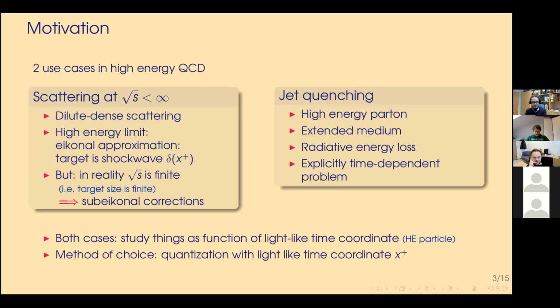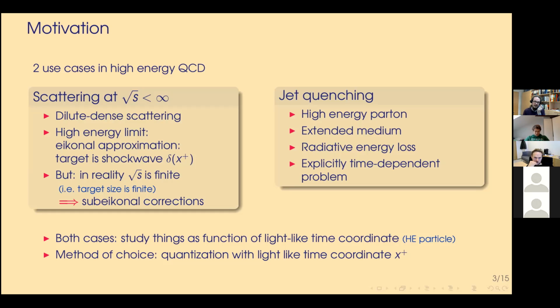The other physical situation, of course, is the one that you are much more familiar with than I am, which is jet quenching, where the basic idea is similar. You have a high energy colored particle, let's say a quark, which is born in a high virtuality collision in the early stage of a heavy ion collision.